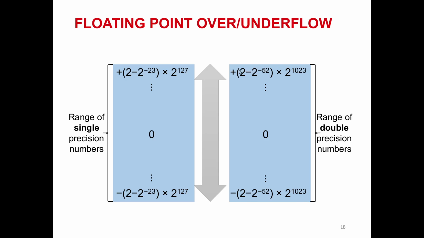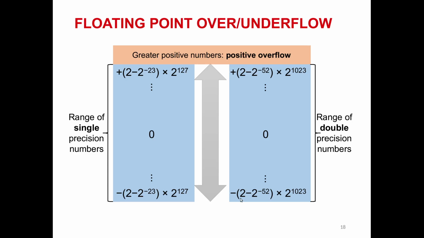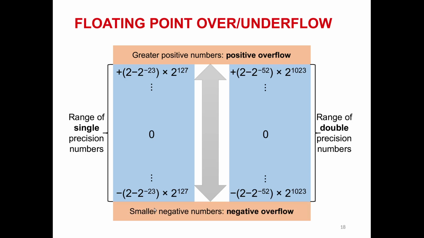So this is the biggest number in positive, and this is the smallest number in negative that the single precision and double precision can represent, and they are called positive overflow and negative overflow.